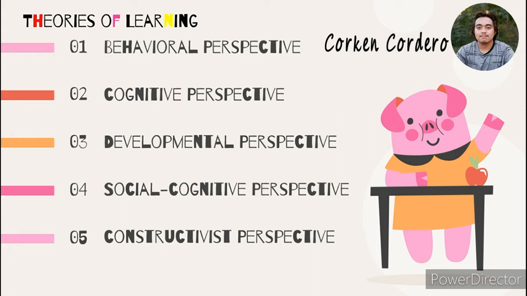Those mental processes have several elements, including attention, observing, perception, interpreting, organizing, memory, categorizing, and forming generalizations.